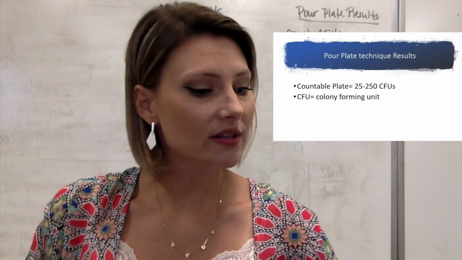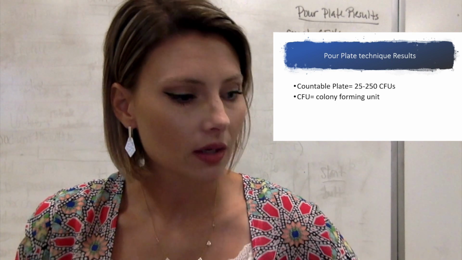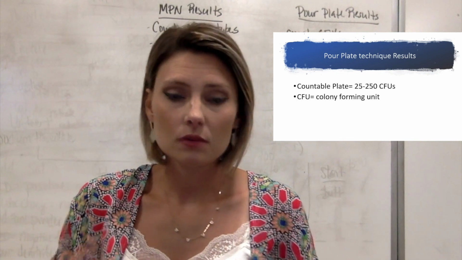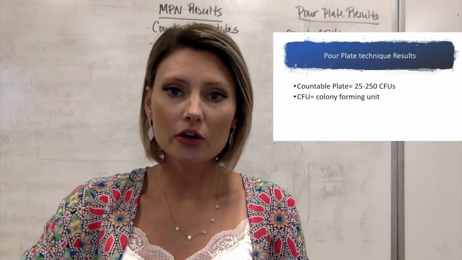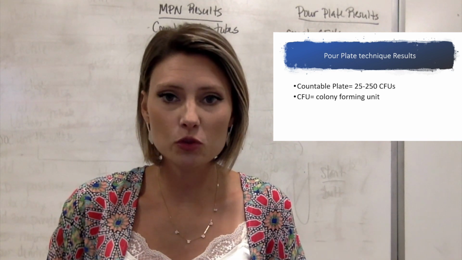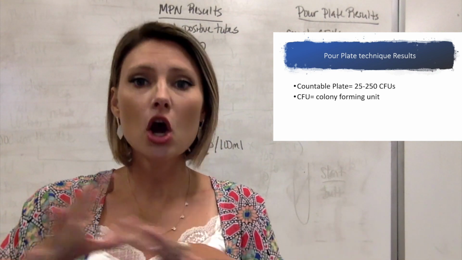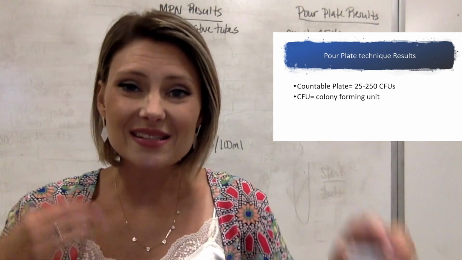So if I were to take my 10 to the negative 2 dilution and plate it out, put 1 ml onto my Petri dish, pour my molten agar over, and let it solidify, and then let it incubate for 24 hours, when it would come out, you would see that it's completely covered in growth because diluting 100-fold is not enough.